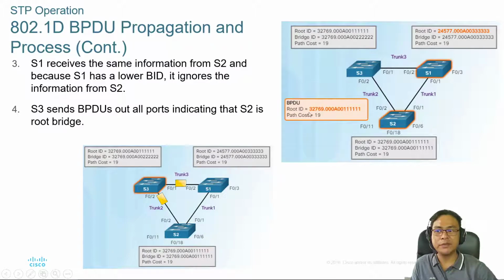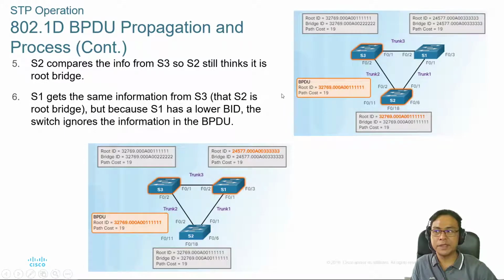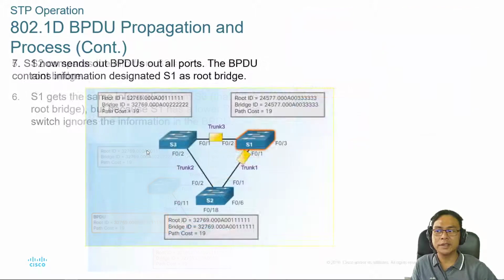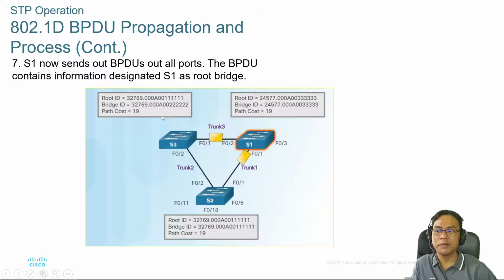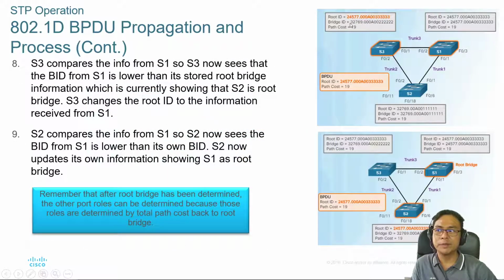So even if S3 recognized the 1111 of S2, after the update coming from S1 is sent to S3, S3 will definitely recognize that the bridge ID of S1 is lower, which is 24577, and it will now use its root ID as 24577.